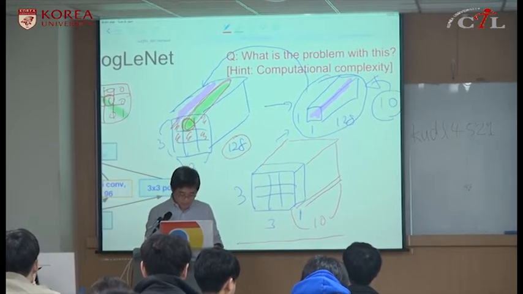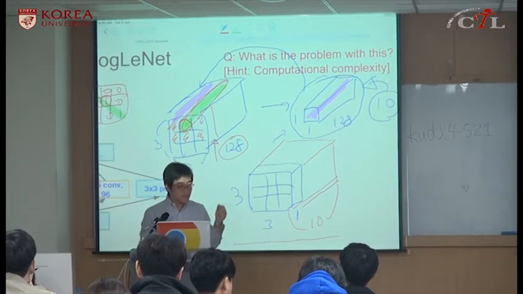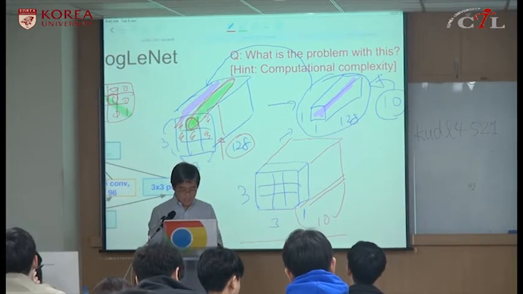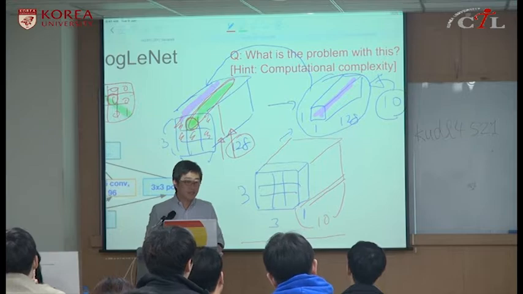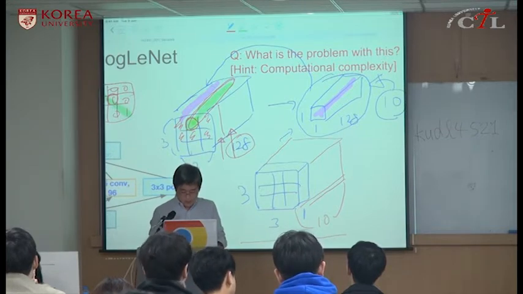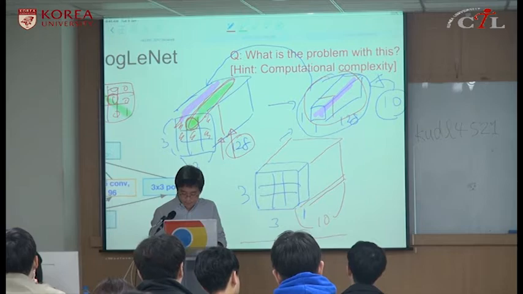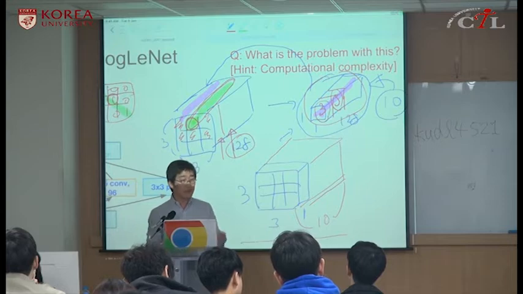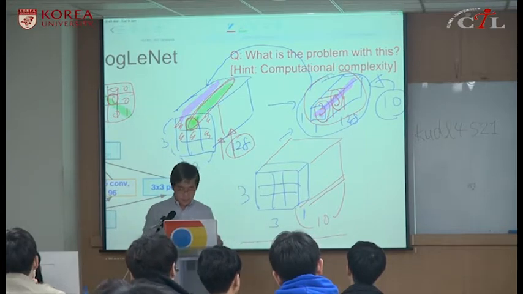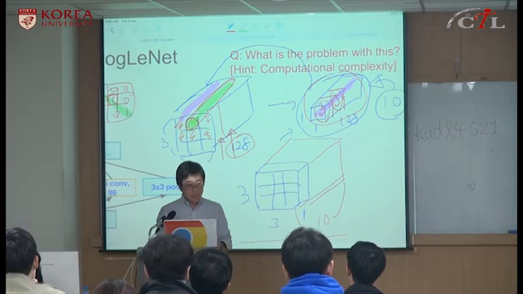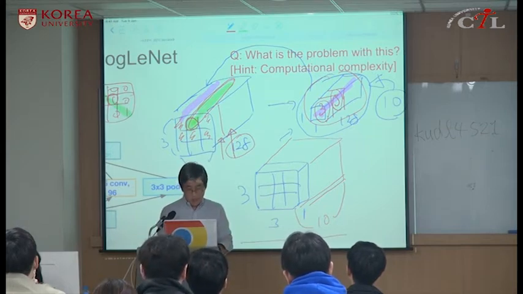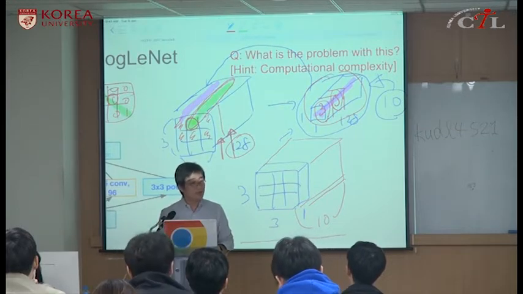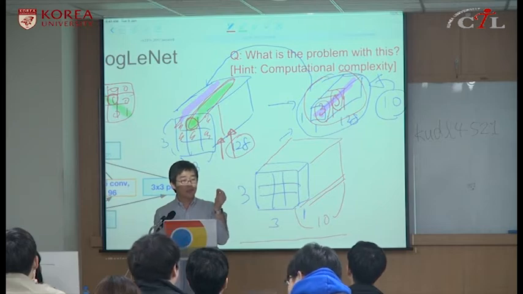Okay, so suppose the first value corresponds to the strength of maybe a cat's nose, and the second is maybe a cat's eye. For this 1x1 conv, if the first and the second values were maybe 3 and 5, which are all positive values, then we actually try to capture the information which is high when both the cat's eye and the cat's nose are shown simultaneously within the same position.